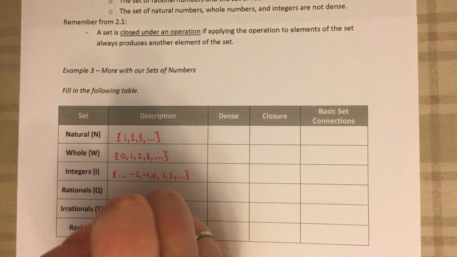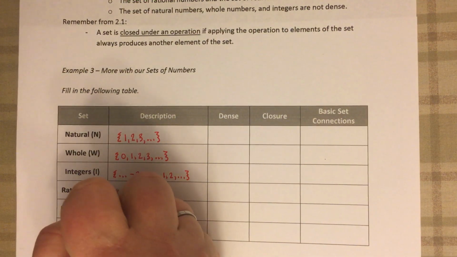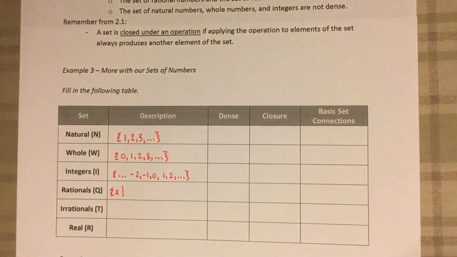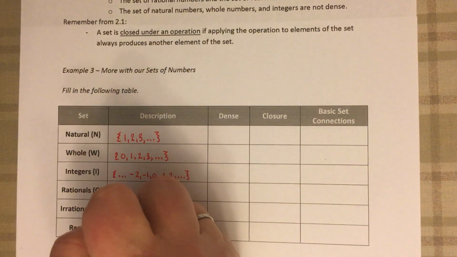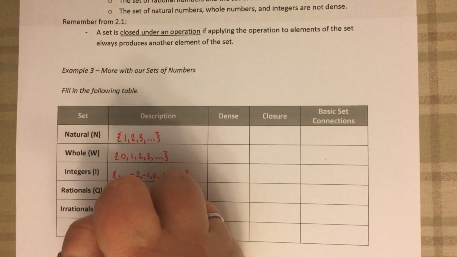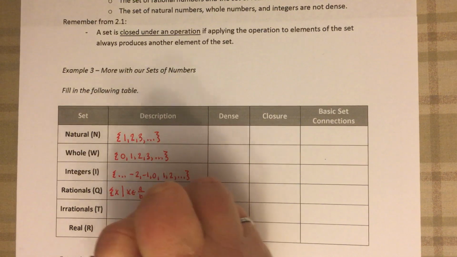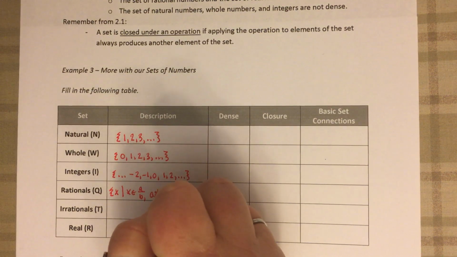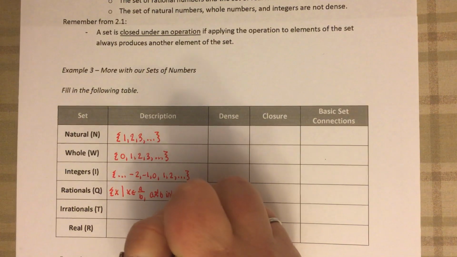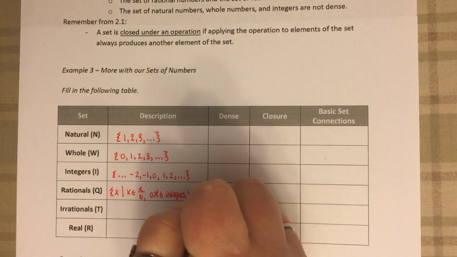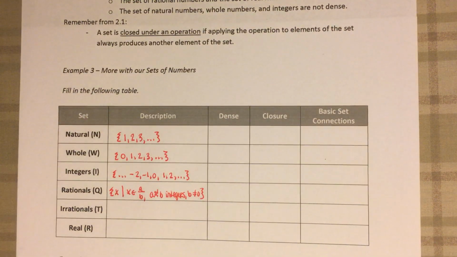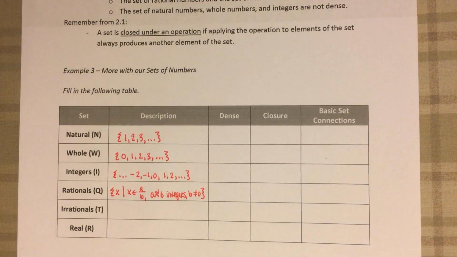So for our rationals, we're going to start with all x, the vertical line meaning such that, x is an element of a over b, where a and b are integers, and b does not equal 0. So our rational numbers include fractions and decimals.